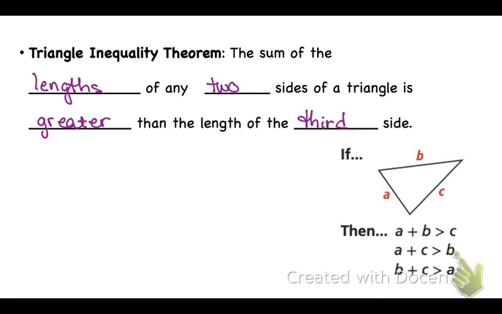Okay, so this tells me if I add up any two sides, they have to be bigger than the third side.